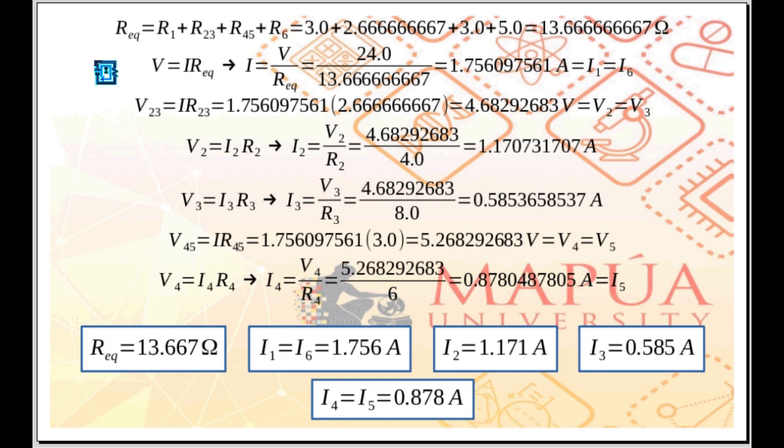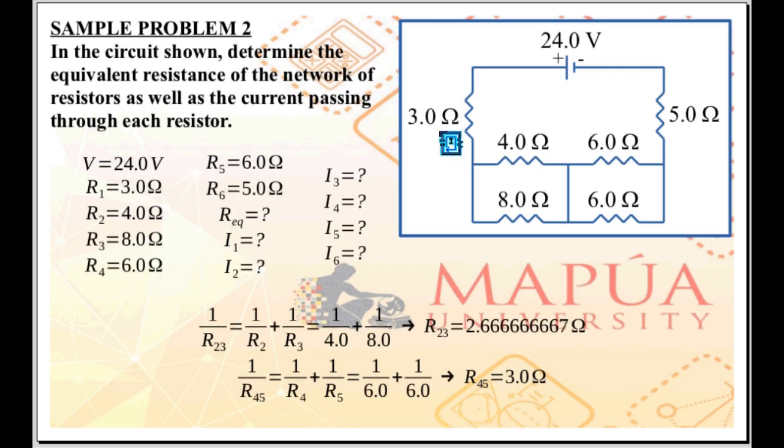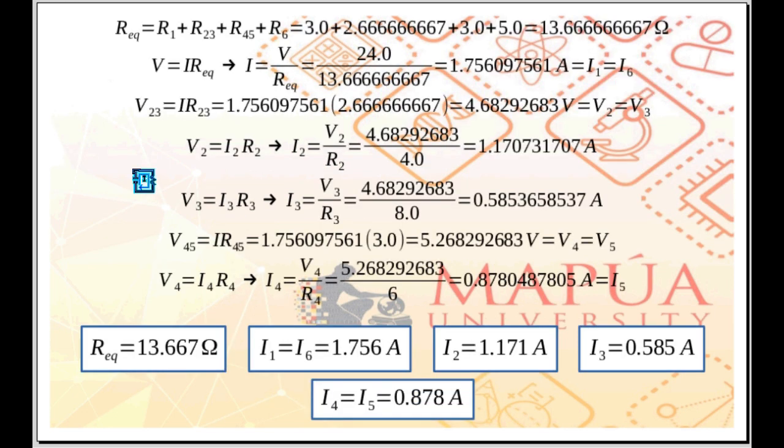With R23 and R4,5 determined, the resistances are now all in series connection. You have R1, R23, R4,5, and R6. They are in series connection. We may combine the resistors in series connection to determine the equivalent resistance.